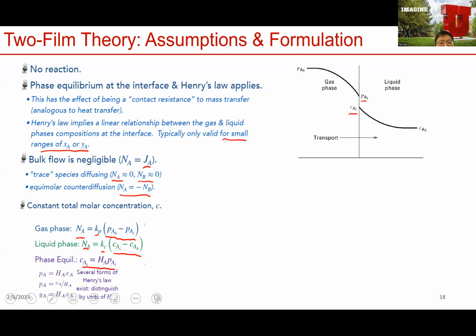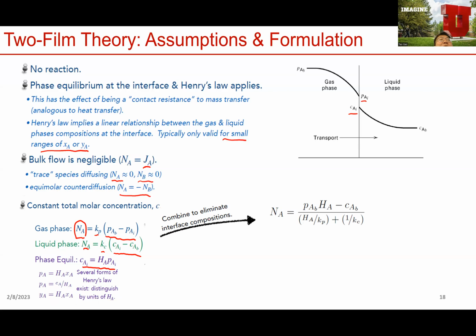In order to solve for NA, we have to get rid of some parameters we don't know. What we can do is eliminate the interface composition. From this equation, you can derive PAI as a function of other parameters.